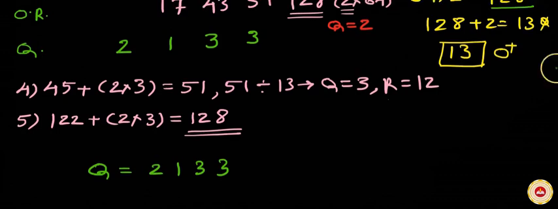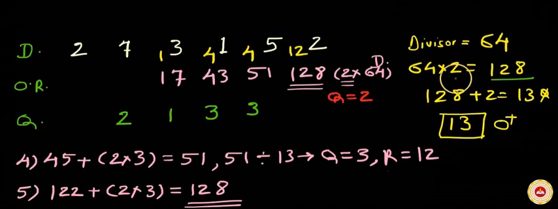So let us multiply by this multiple 2. We multiplied the original divisor 64 by this multiple 2 to get 128. What was the purpose? The purpose was to calculate the positive osculator.